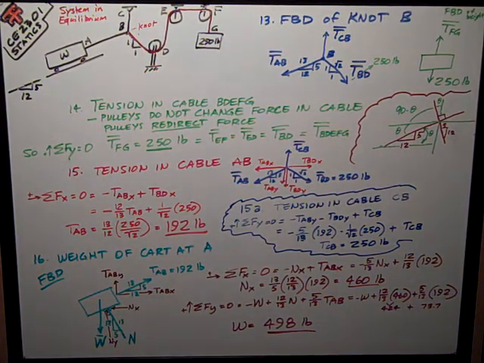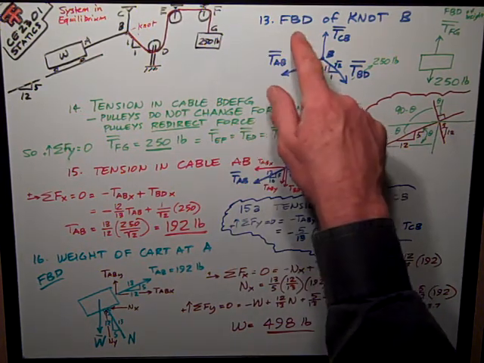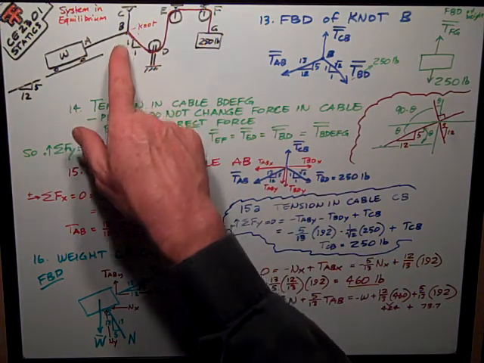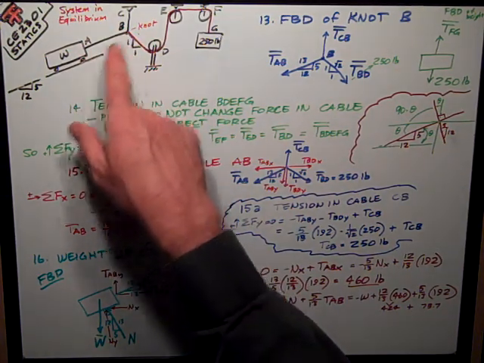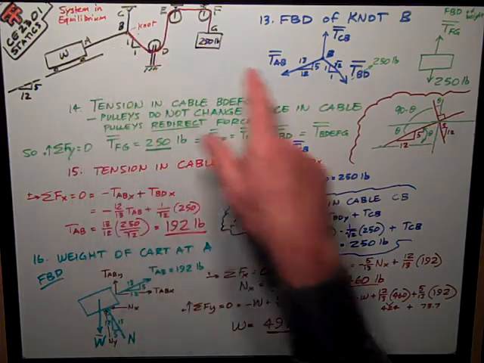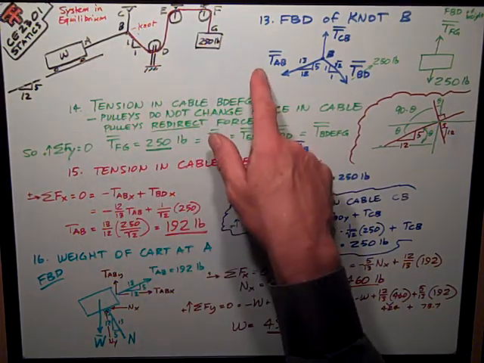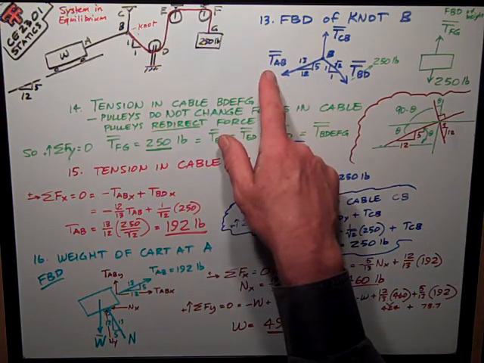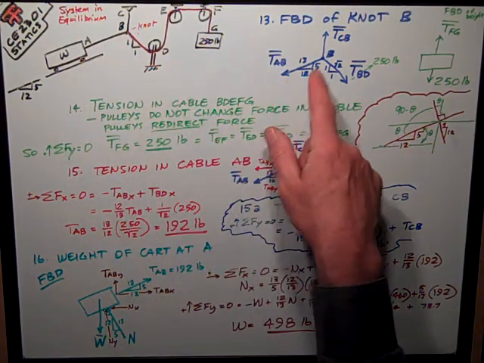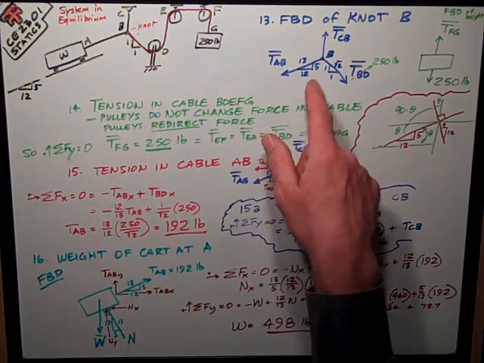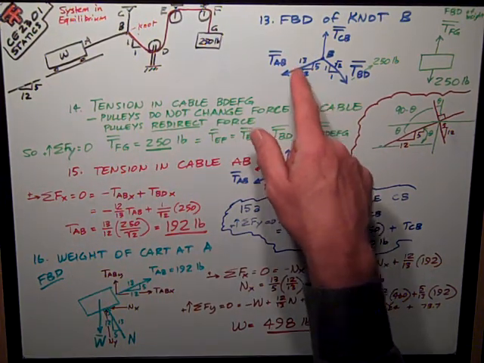Everything's balanced. First thing I wanted to know was a free body diagram of knot B. It's pretty simple. I just take knot B, remove it from its supports and its environment, and replace those cables that are attached to it with vectors. TAB is on this side, going at the slope of the sloping surface, 5-12-13.